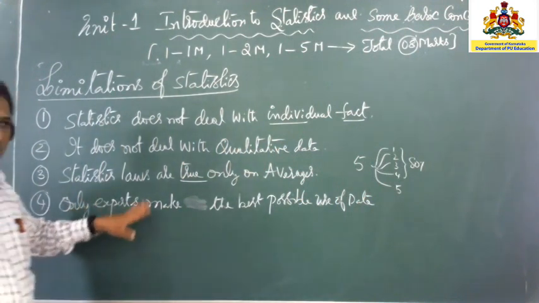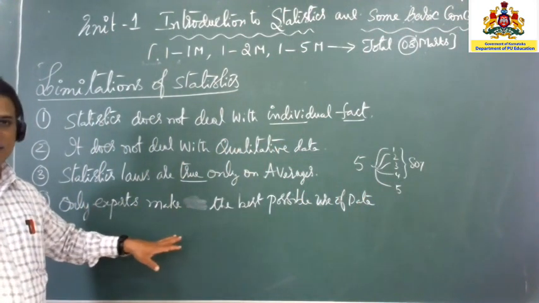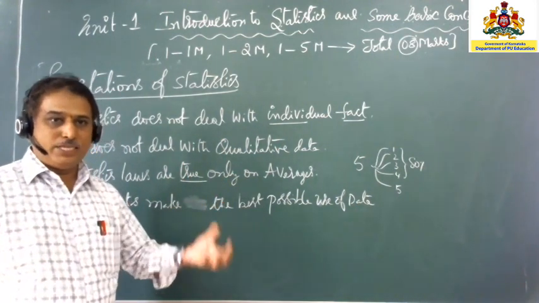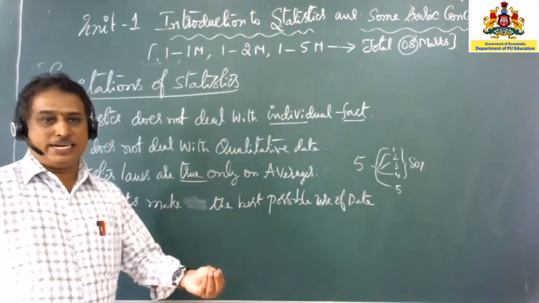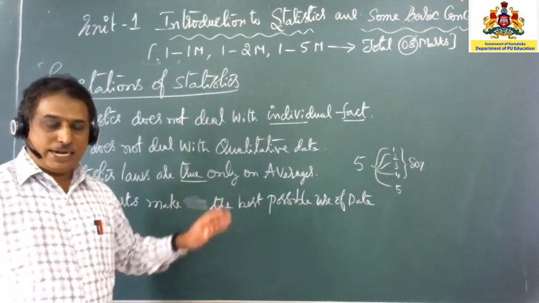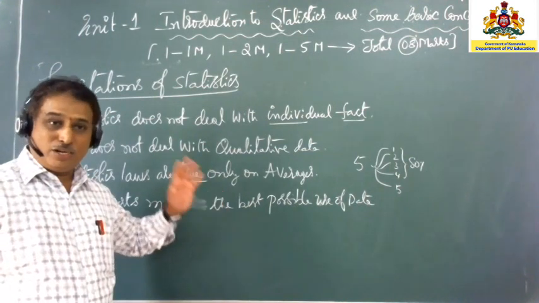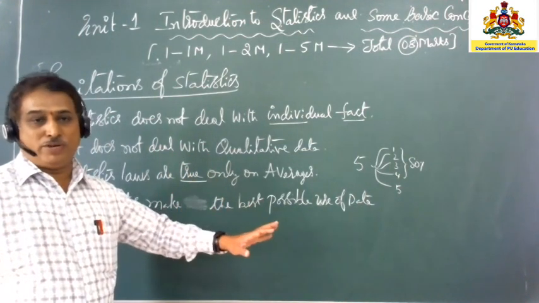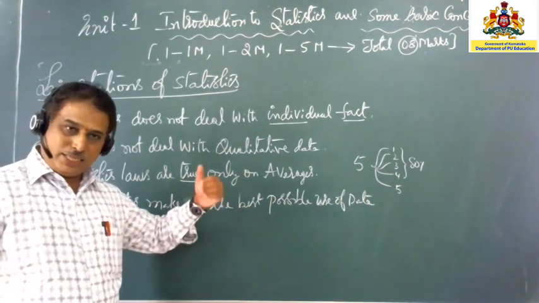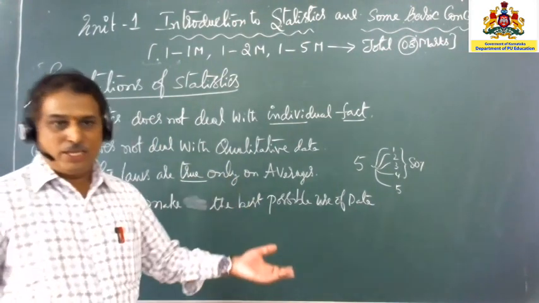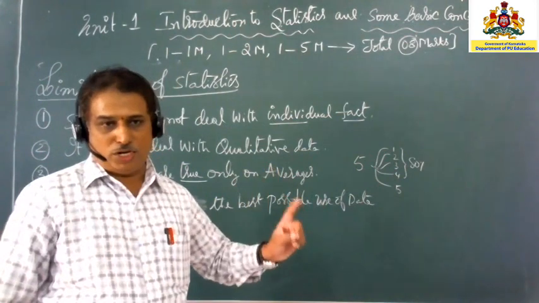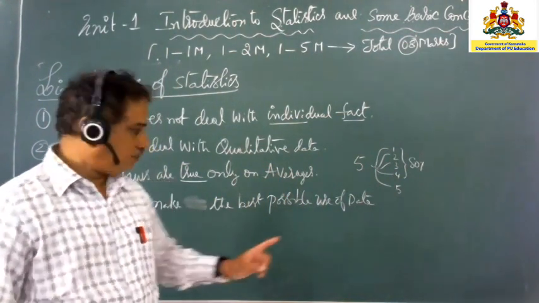Only experts means the persons who know statistics, statisticians. They will take a good sample, apply the correct techniques, and get the correct results. Inexperienced people don't know about statistics. At that time, they may collect the wrong data, apply wrong formulas, and get wrong results also. That is also one drawback of statistics.